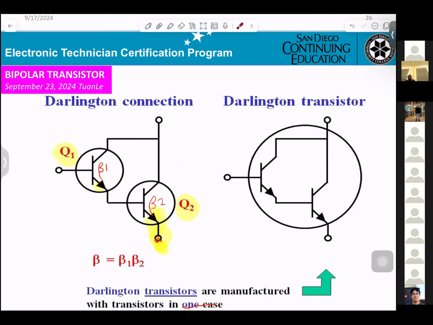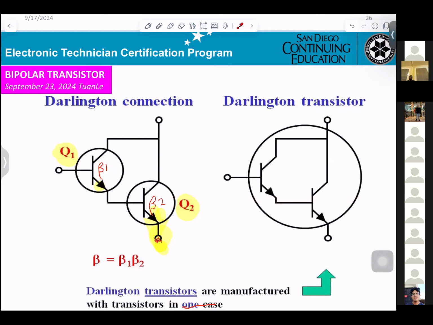Now, DC bias means we are using the DC power supply to make the transistor work. The transistor can be used like a switch. You turn it open or you close it.